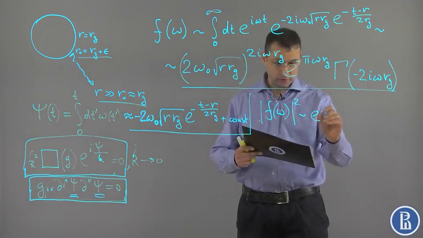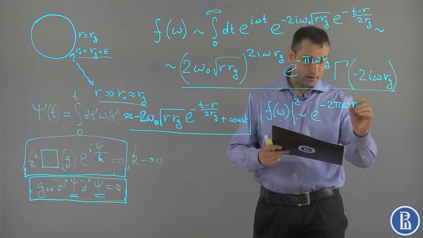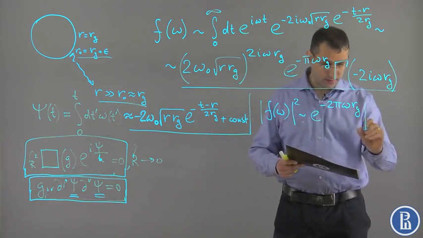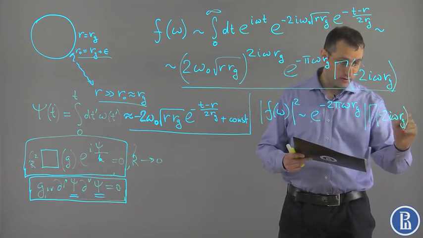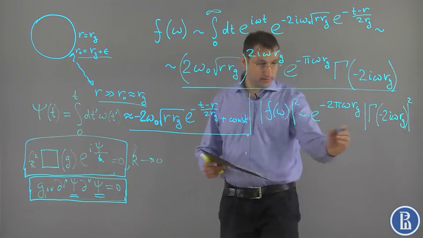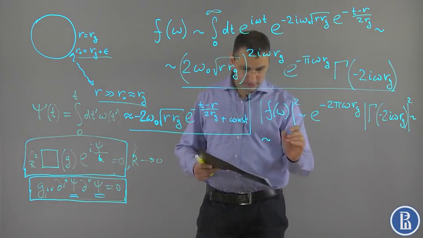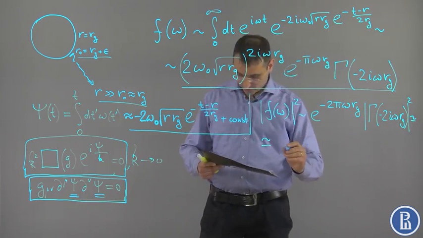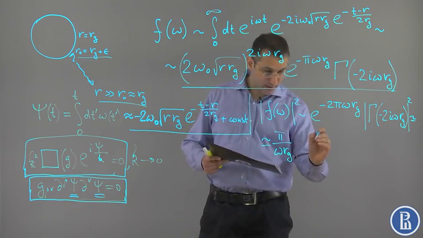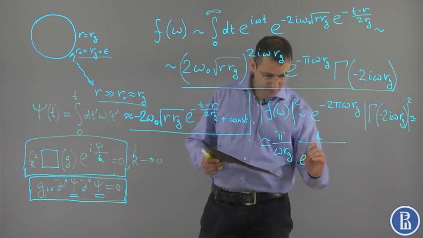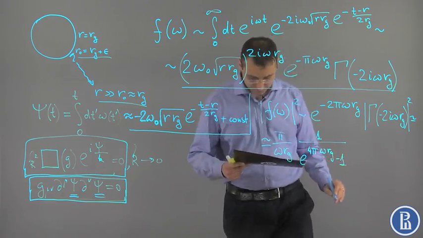It is proportional to the exponent of minus 2 pi omega rg times the gamma function of minus 2i omega rg, squared. And this is actually equal to pi over omega rg divided by 1 minus exponent of minus 4 pi omega rg, minus 1.